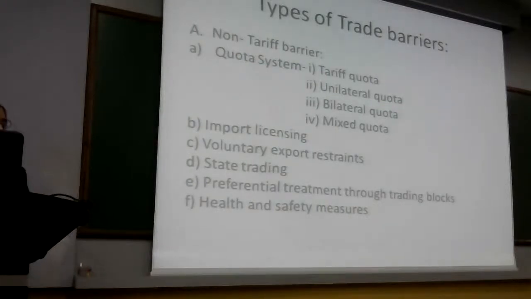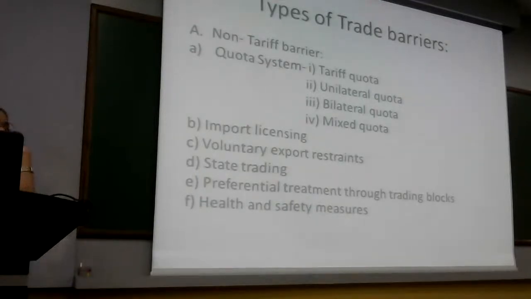A proportion should be there from the national market plus a proportion should be there from the foreign market. Clear, mixed quota? Is it clear? Yes. Import licensing.